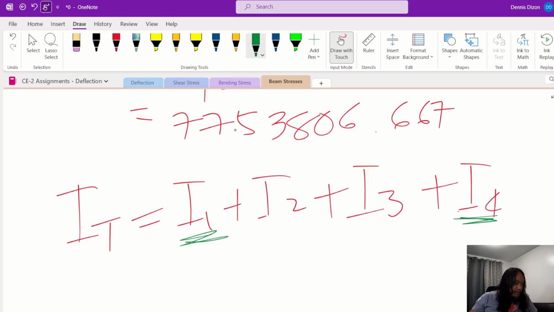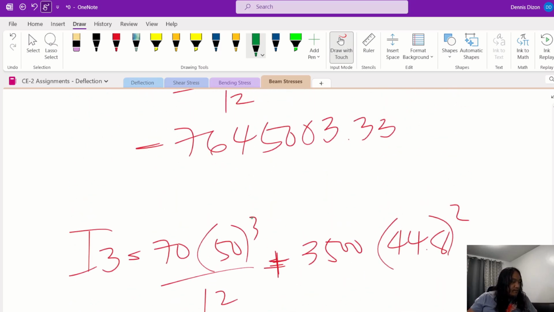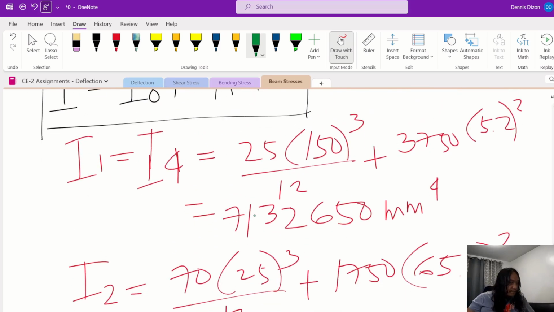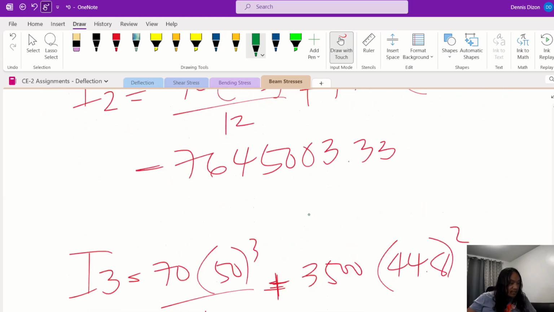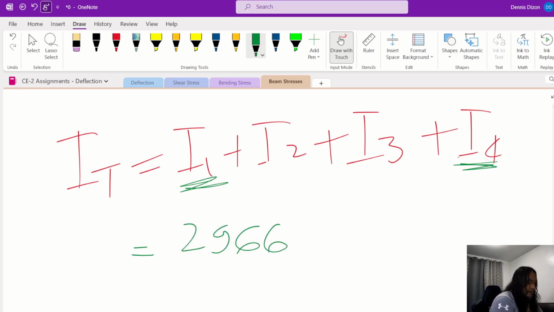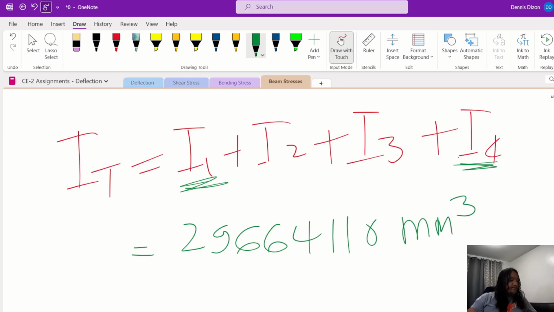So I2, 7,645,003.333, plus 7,132,650 times 2, our total moment of inertia is 29,664,10 millimeter to the fourth.